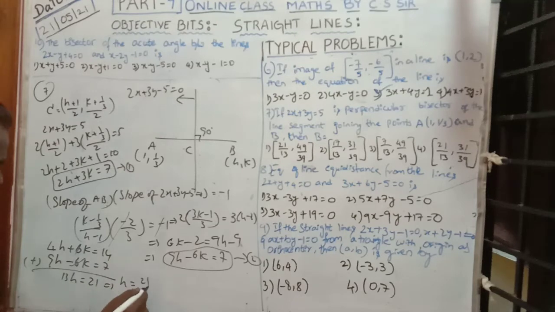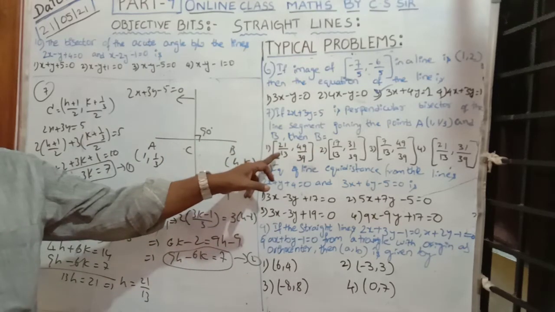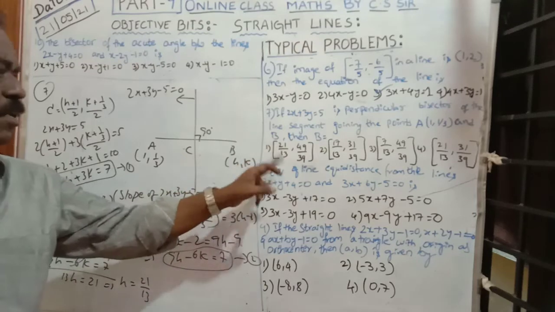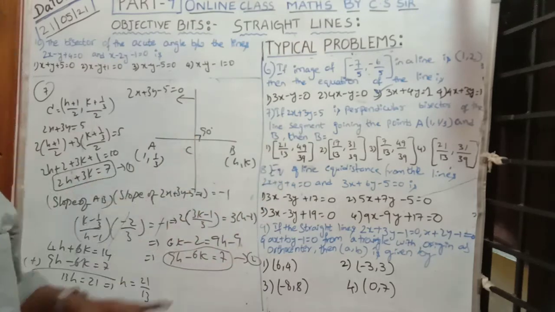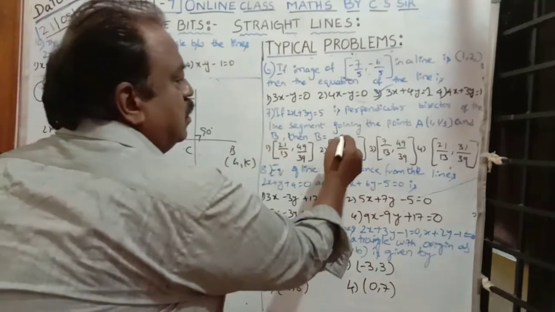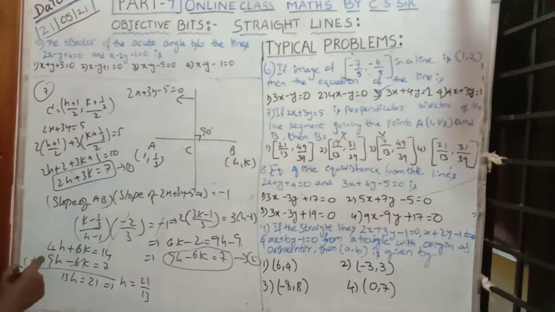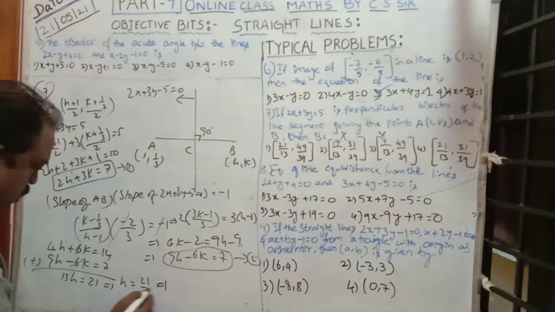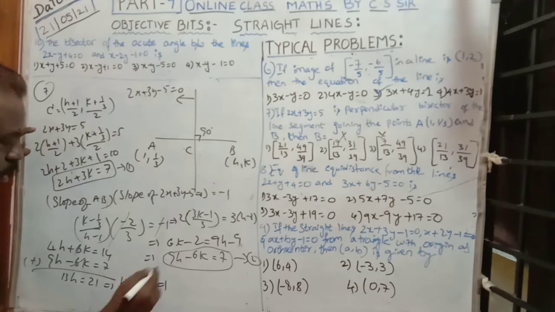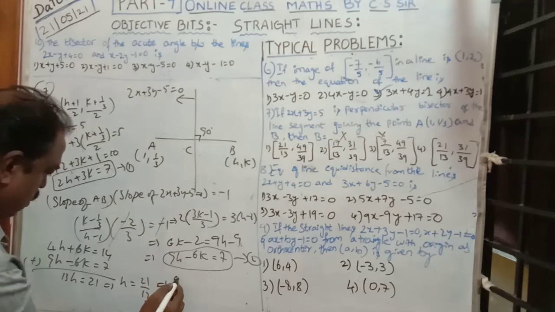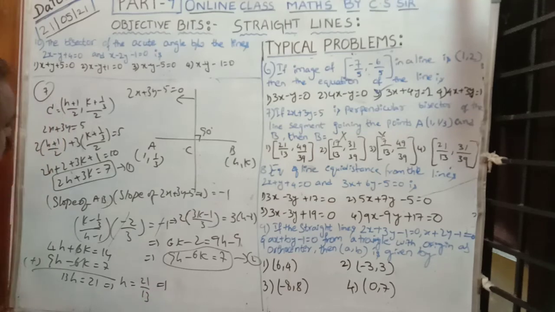So h is equal to 21 by 13. And substitute in any one, that is in this one or in this one.